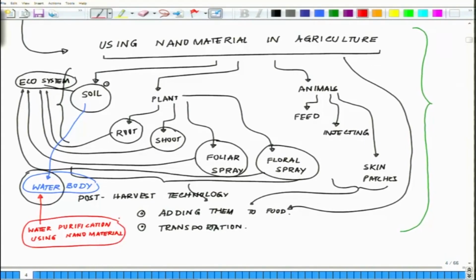Okay. Now, talking about direct applications in agriculture, nanomaterials could be used on different parts of the plant body: for root treatment, shoot treatment, foliar spray or floral spray, as well as seed treatment, which I have mentioned earlier.